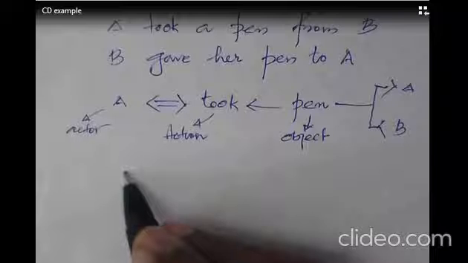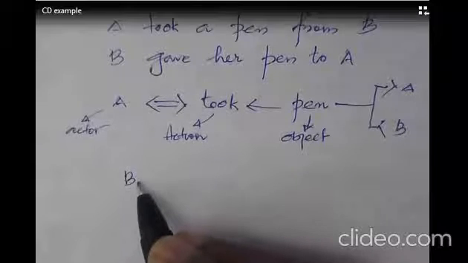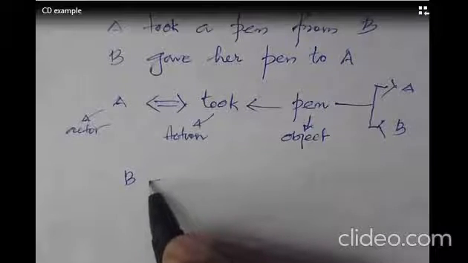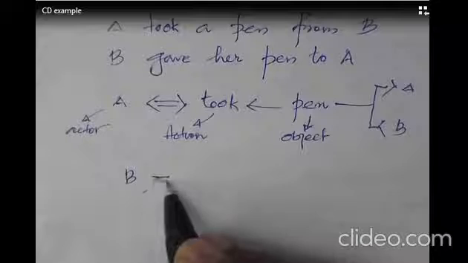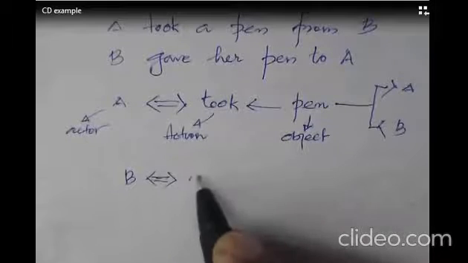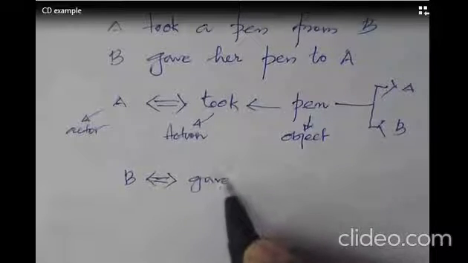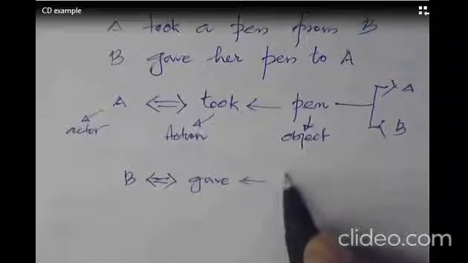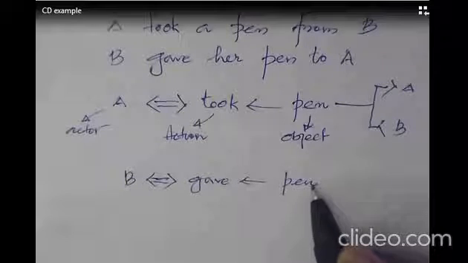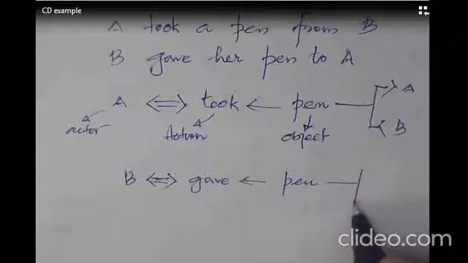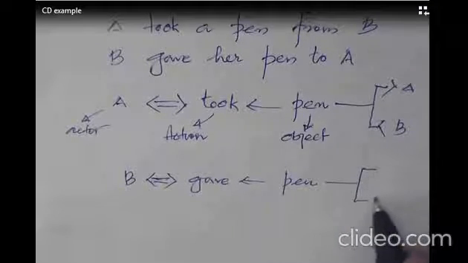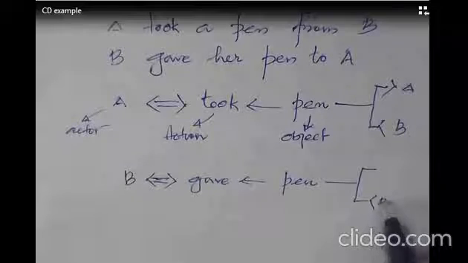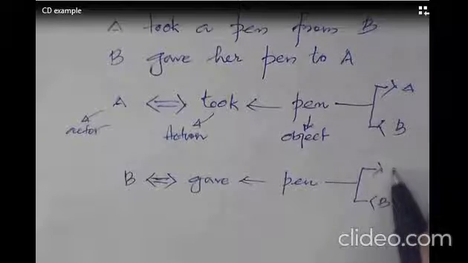Then the second sentence can also be represented in the same way. Here B is the first actor. Here also we can have bidirectional movement of the pen. And gave is the action to be performed on the object pen. Here again the 2 agents are A and B. B is the giver and A is the receiver.